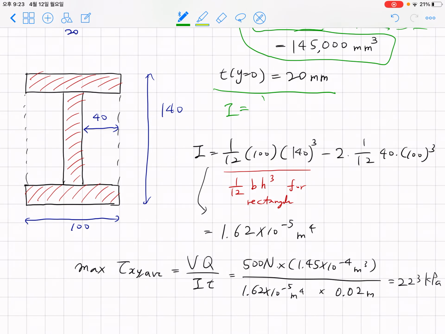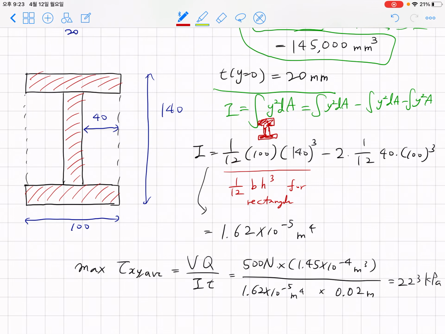When we consider the definition, the definition would be something like this. You do integral for this entire area, right? The I-shaped area. Now, what you can see here is you can convert this integral into three pieces.